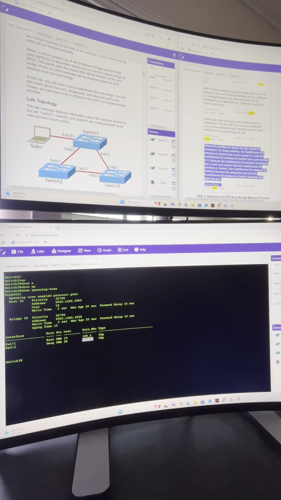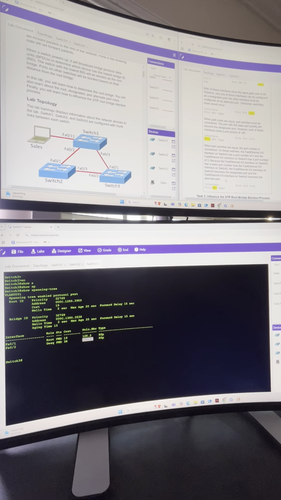On these switches, the Fast Ethernet 0/3 interface on switch 2 has a priority of 4, and the Fast Ethernet 0/2 interface on switch 3 has a priority of 3. Because the Fast Ethernet 0/2 interface on switch 3 has a lower port number than the Fast Ethernet 0/3 interface on switch 2, the Fast Ethernet 0/2 interface on switch 3 becomes a designated port, and the Fast Ethernet 0/3 interface on switch 2 becomes the alternate port.